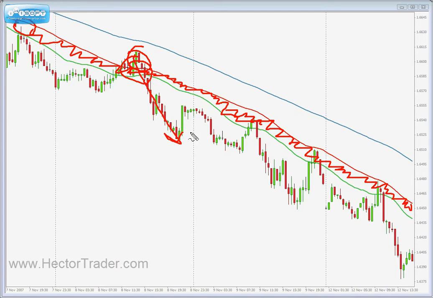But as I was saying before, I'm a conservative trader. I'd rather take fewer entries than other traders, but at least have a higher ratio of winners as compared to losers.